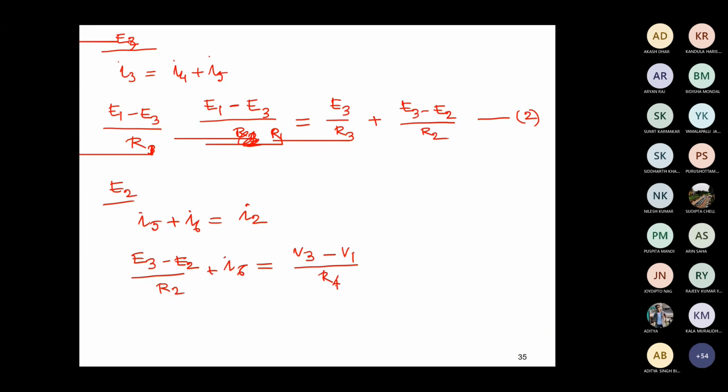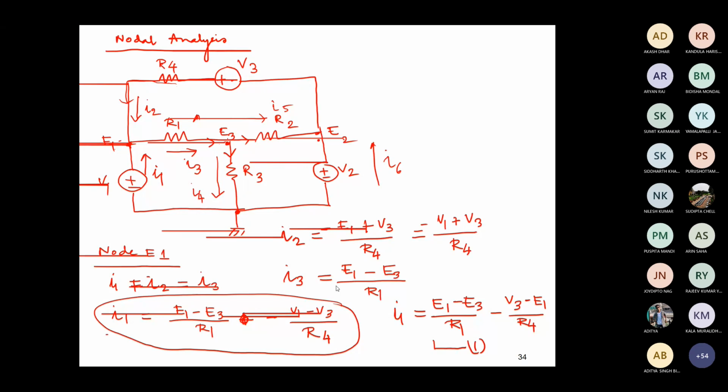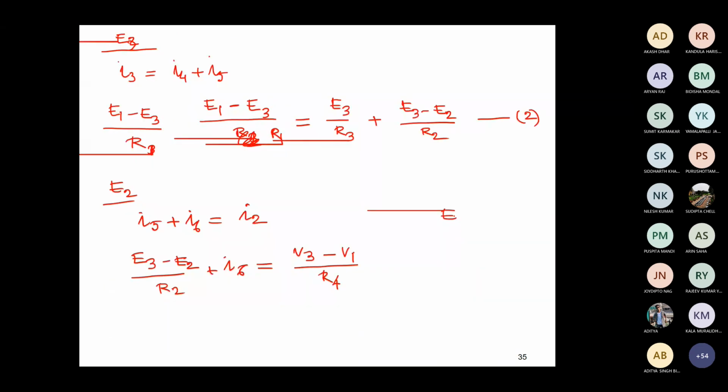Now let's see how many unknowns we have, and what we have to solve at each node. We have to solve the currents, right? So what is unknown to us, and what is known? V1, V3 are known to us. R4 is known to us. And E1 is also known to us. So E1 is equal to V1, and E2 is equal to V2.